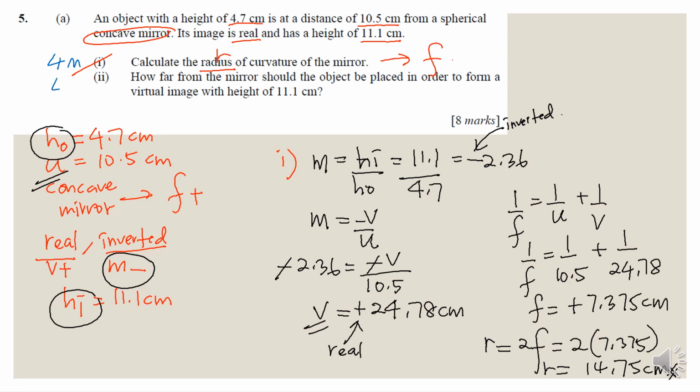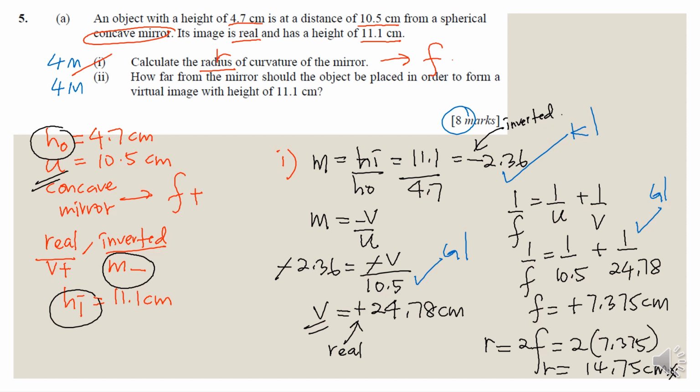Okay, number 2 4 lagi. So total is 8. Okay, so 4 marks first sekali adalah daripada sini. Okay, magnification ni konsep 1. And then gantian untuk dapat V 1. Okay, gantian untuk dapat F 1.